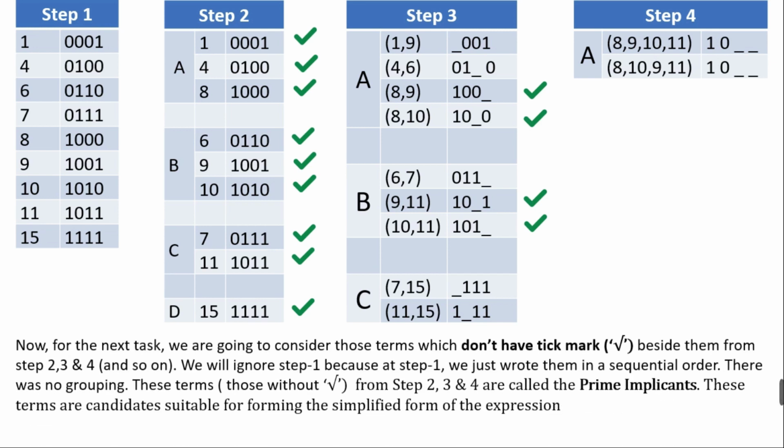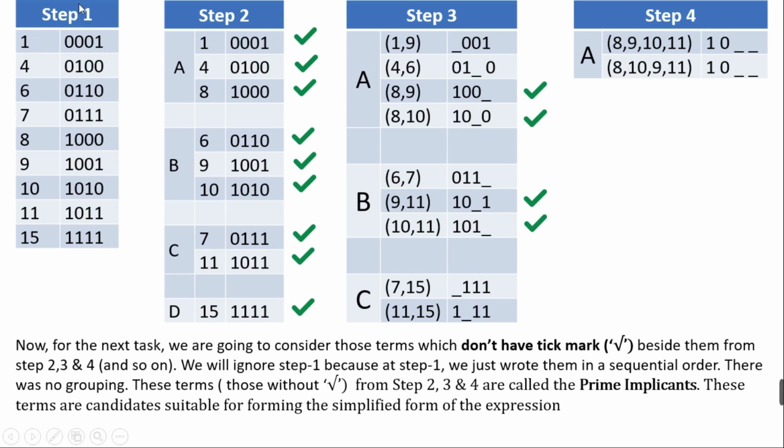So for our next task, we're going to consider those terms in our problem which don't have tick marks beside them. This will check steps 2, 3 and 4. We'll ignore step 1 because step 1 is basically just the sequential ordering of all the main terms, so there were no groups involved.